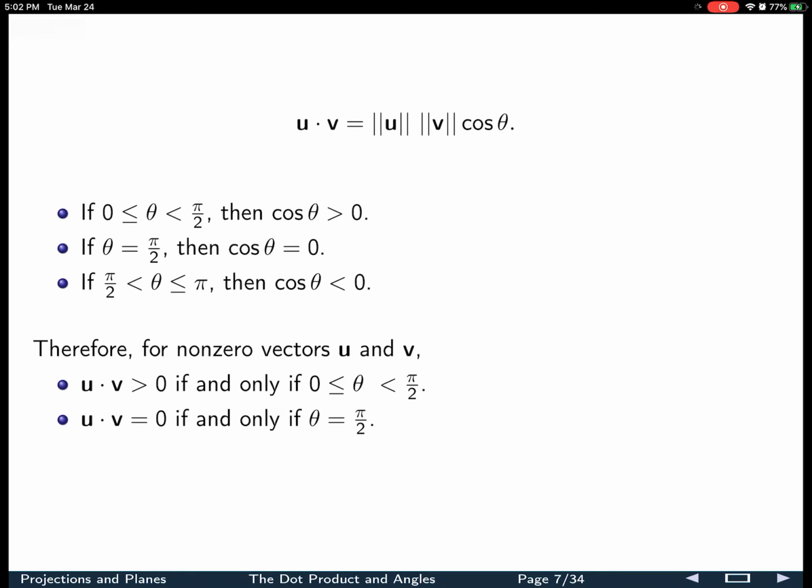So this is one of the most useful properties of the dot product: if we can find the dot product between two vectors and that dot product equals 0, we know that the two vectors are perpendicular to one another, or in this class we're going to use the language orthogonal to one another. And then the dot product is negative when the two vectors are pointing in opposite directions. Not necessarily totally opposite. They'd be totally opposite if the angle was pi, but the dot product will be negative in that case.